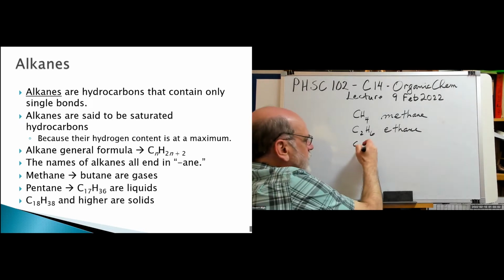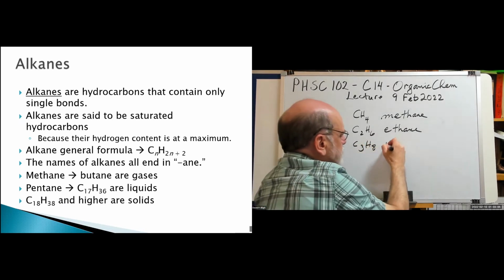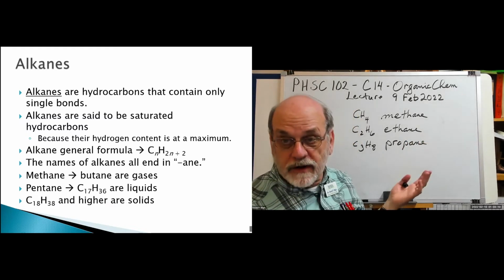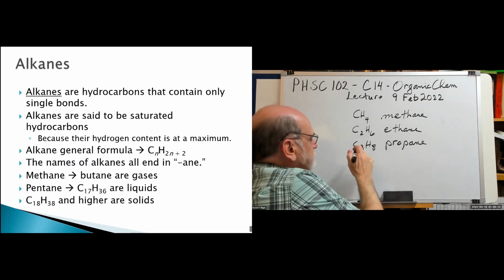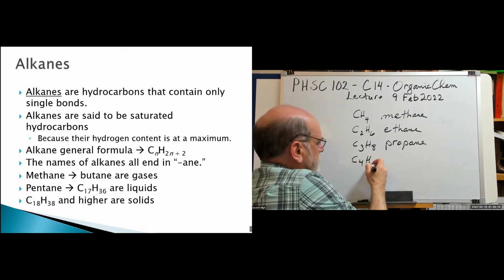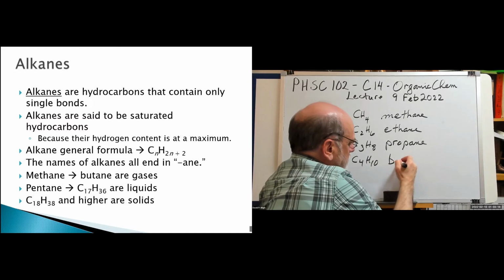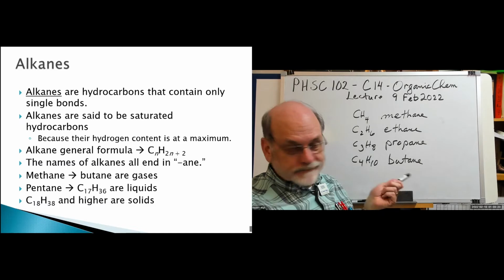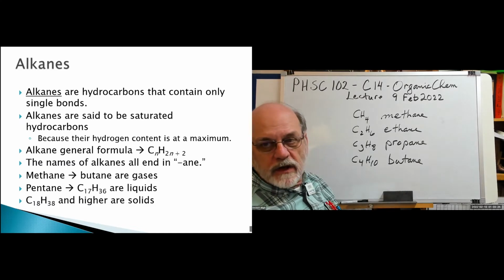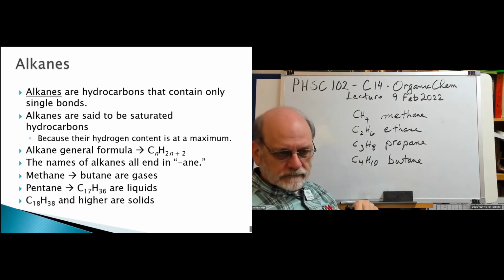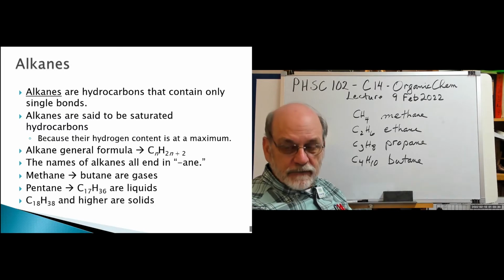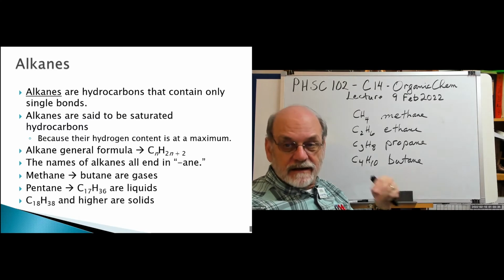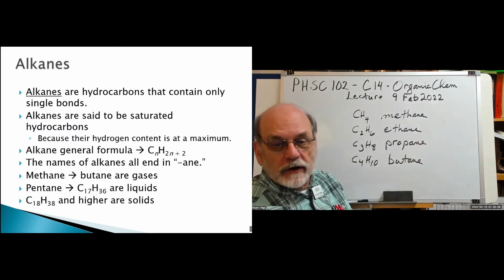Okay. 3 carbons is propane. That's the same stuff you barbecue with, propane gas. This is butane. Right? Cigarette lighters, butane lighters, same stuff. And then we go beyond that. We start with pentane, hexane, heptane for 7, octane for 8, nonane for 9, decane for 10, and it goes on and on.